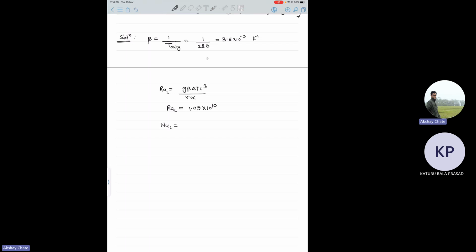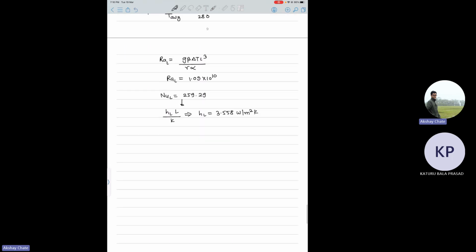You can do it separately, but at the end of the day, you should get the Nusselt number as 259.29, and then when you do the final substitution to get your h value, you should get the heat transfer coefficient as 3.558.